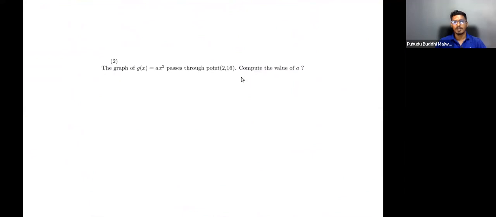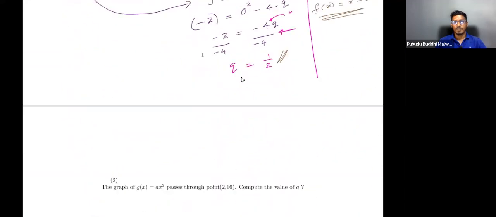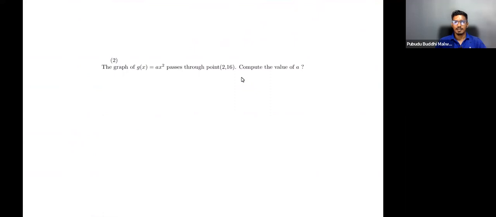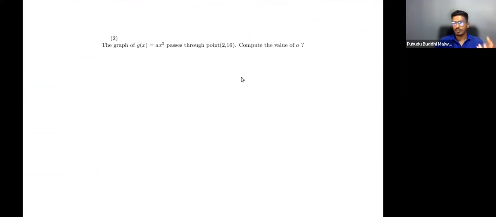I think you can use a very similar idea to compute the value of a. Right? So a different function, g of x equals ax squared.